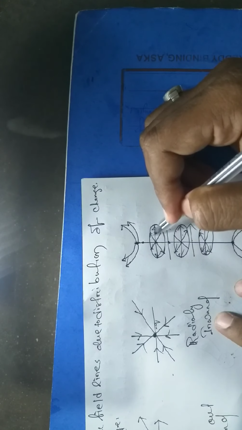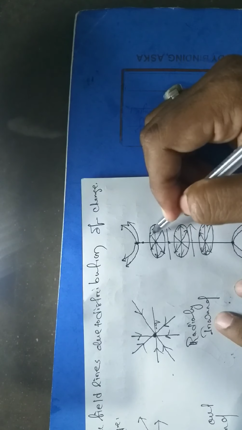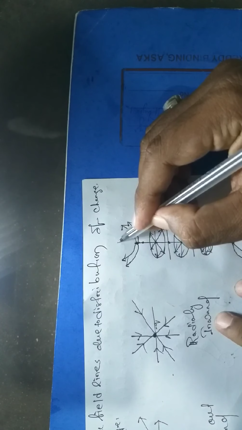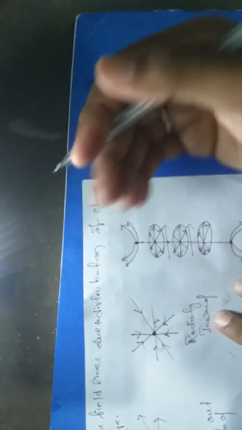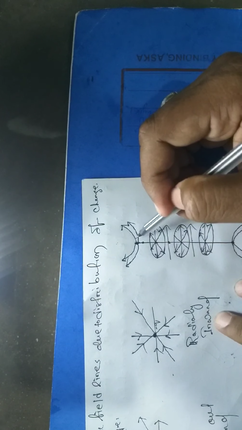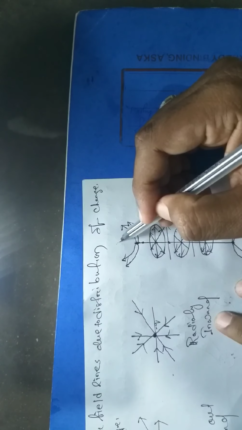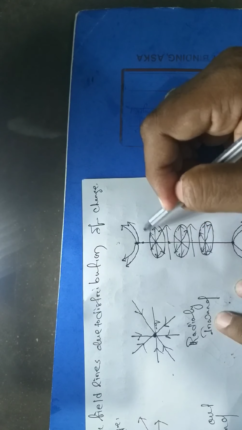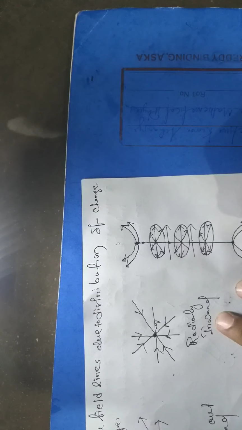Those lines of force repel each other, so they become radial, because there is no charge above the line, so they are not repelled by any charge above. They are repelled only by the lines of force generated by the point charge. The same thing happens in the below region.